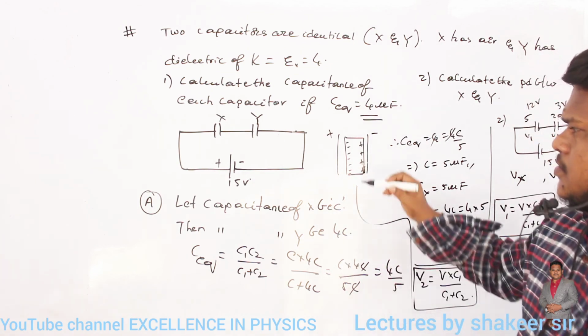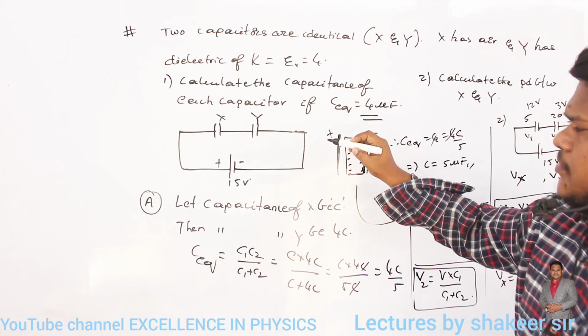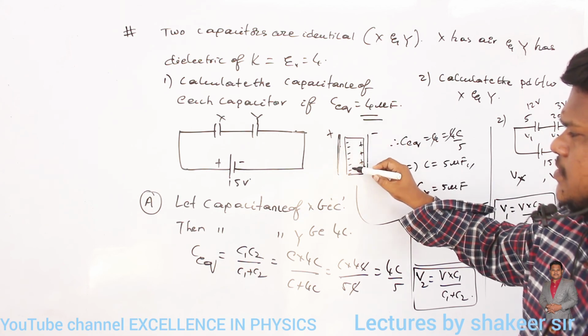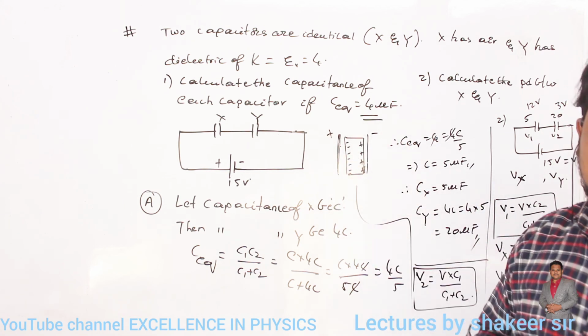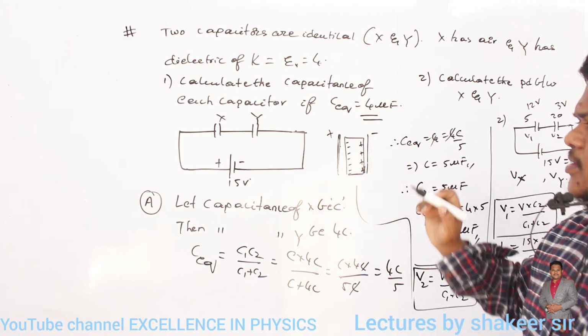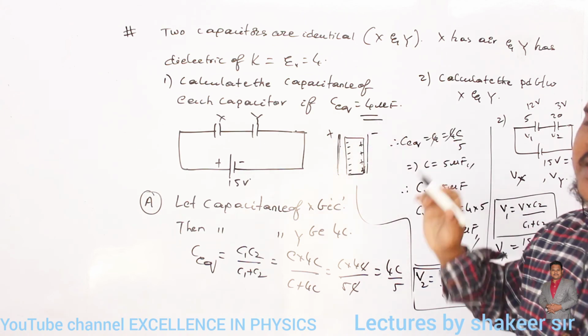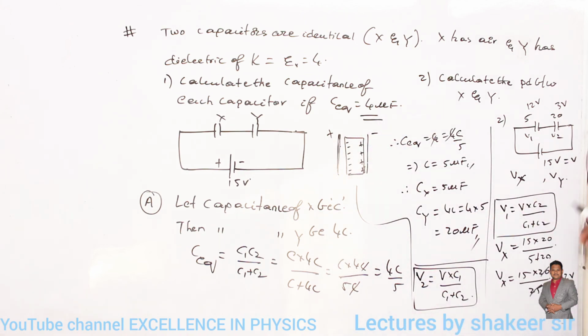So the positive potential present on the positive plate is reduced because of the negative charges on the same side of the dielectric. Similarly, the negative potential is also reduced. So the total potential difference between the plates of the capacitor is reduced. Wherever you find a dielectric, the potential difference will be lesser.